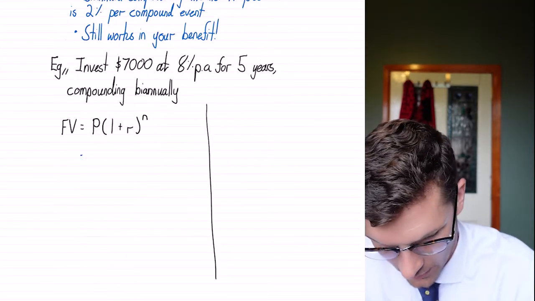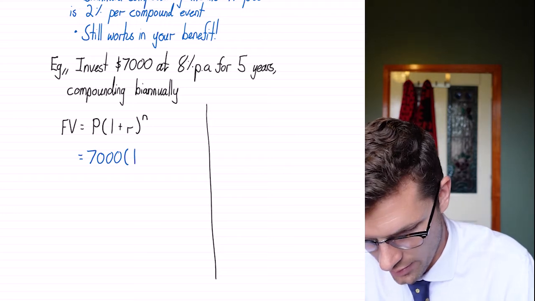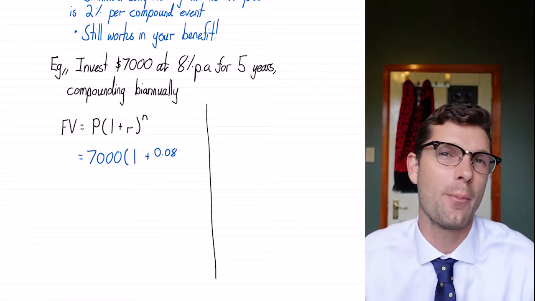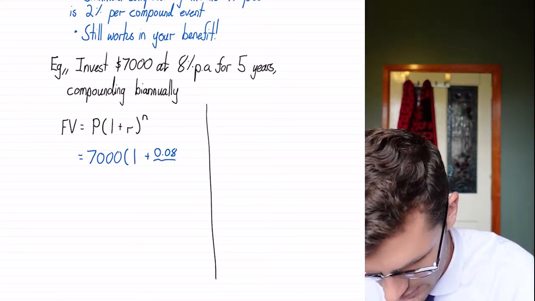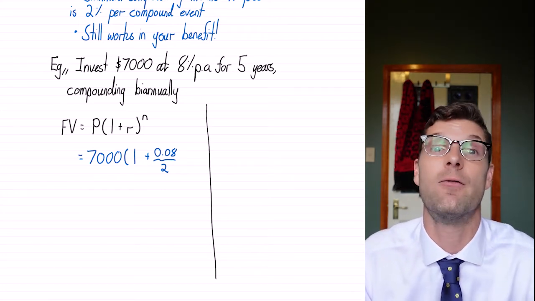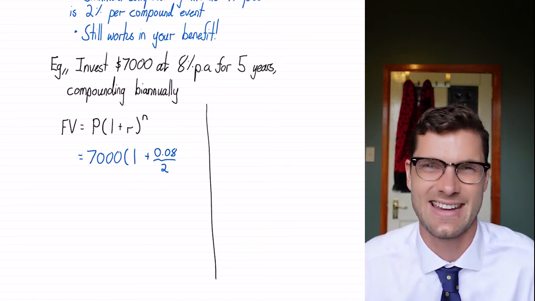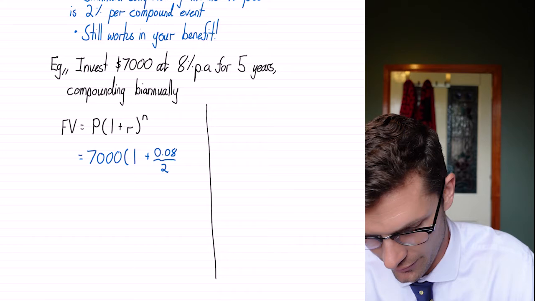So for this one, the principal is our $7,000. We get 1 plus 0.08. And because we're compounding twice a year, we divide this by 2. Because we're not getting 8% twice, we're getting 4% twice. But a really quick shortcut is to divide it by the amount of compounding periods we're going to have.